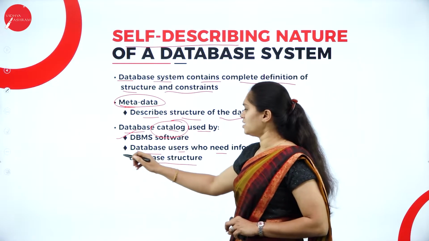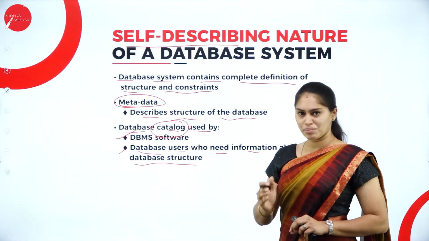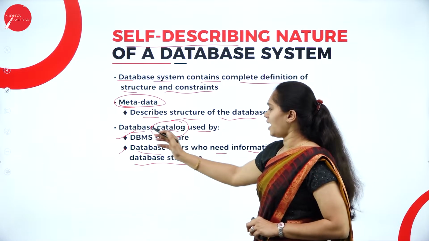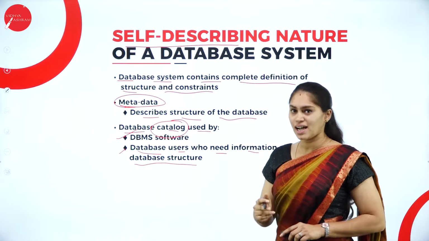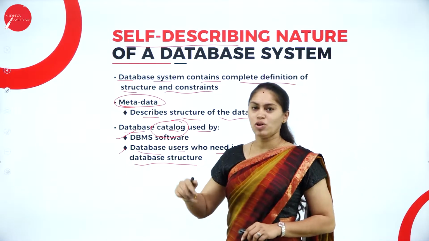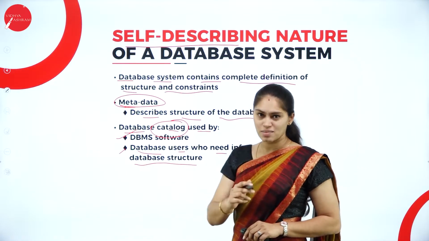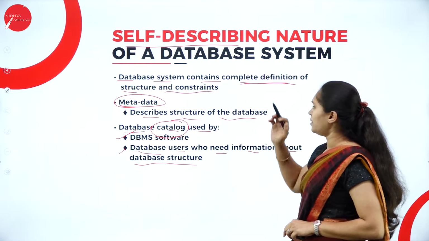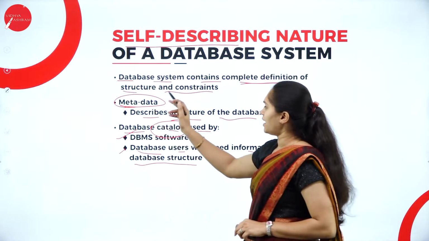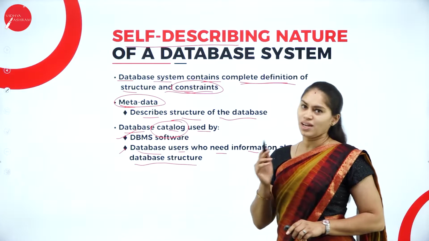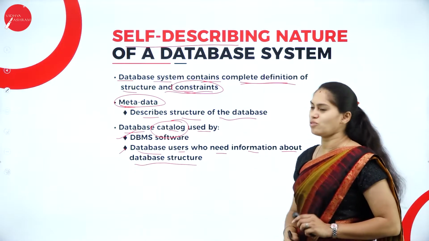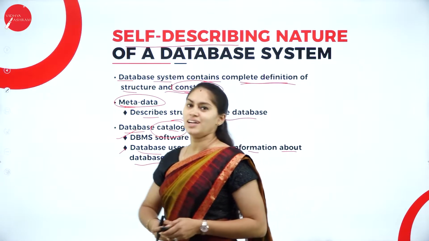For that reason, database users and DBMS software use this database catalog, and that catalog has the capacity to describe itself, specifying the database's complete definition, structure, and also the constraints that need to be enforced. This is regarding the first characteristic of a database.